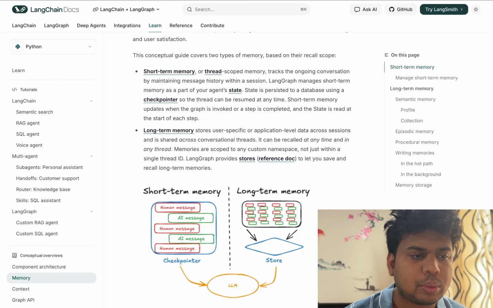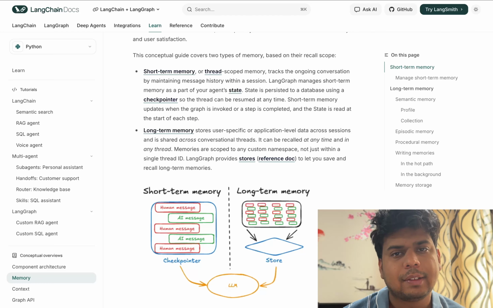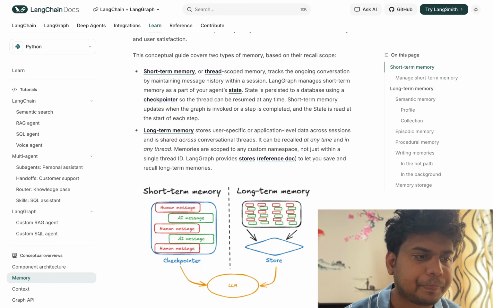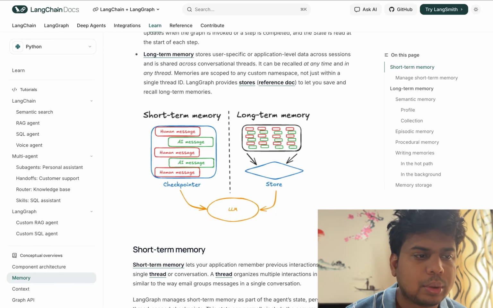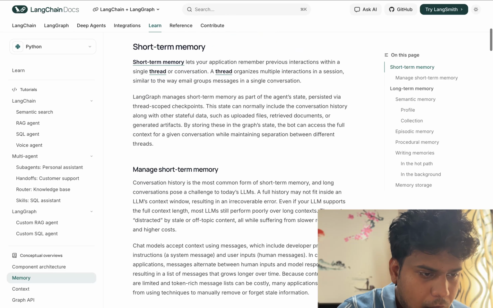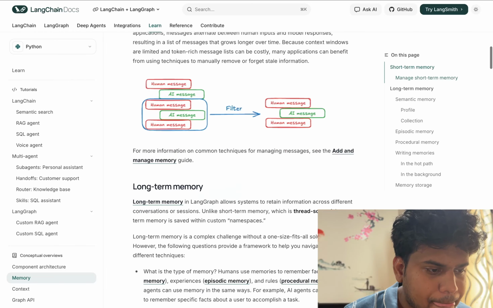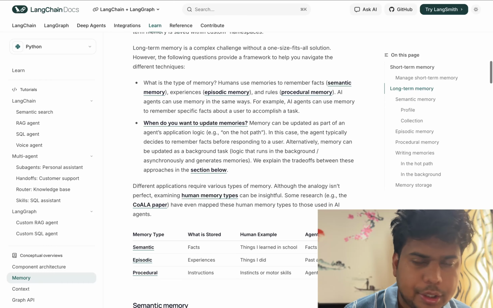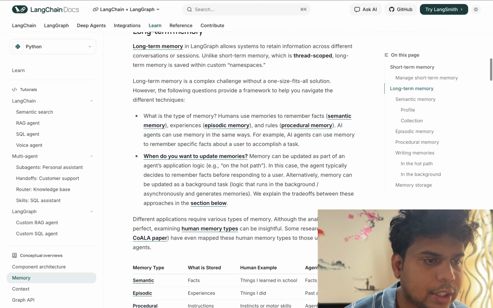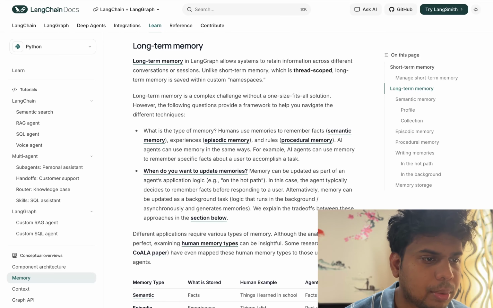They store whatever conversation happened in the thread as their short-term memory, which gives them per-session storage. For long-term memory, they're using something called stores, which I will talk about later in this video. I think short-term memory is pretty simple. It's just per session. Long-term memory has different types, so let's talk about that.